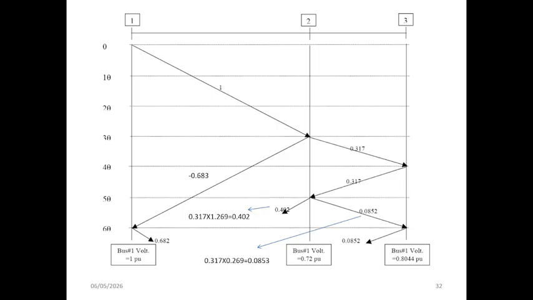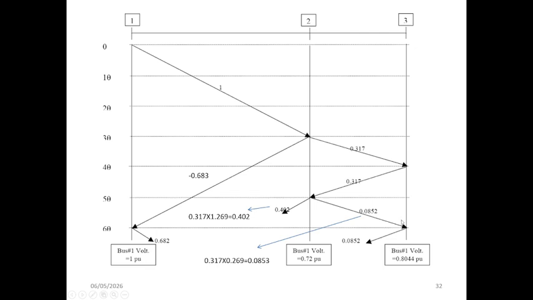Further reflection and transmission will occur, and additional smaller waves such as 0.0852 per unit are generated due to repeated reflection between bus 2 and bus 3.